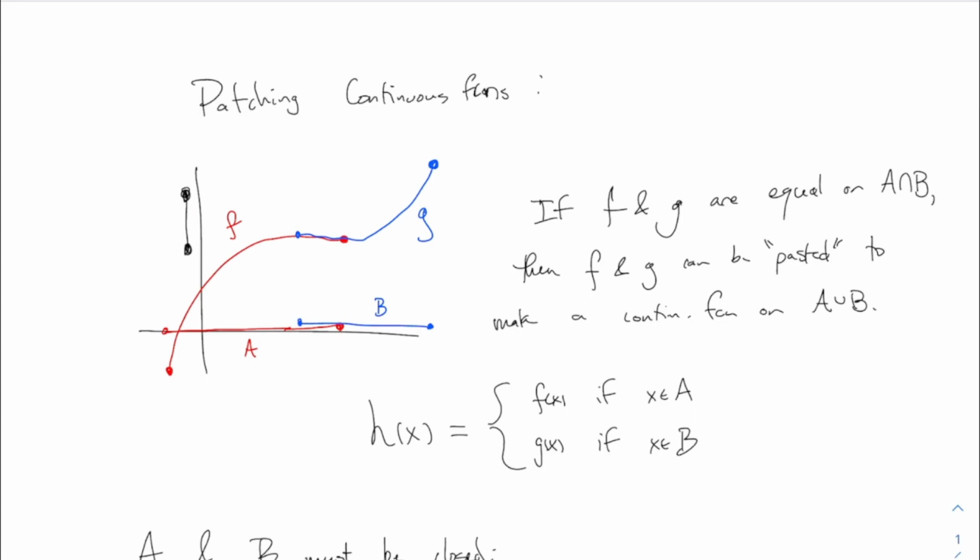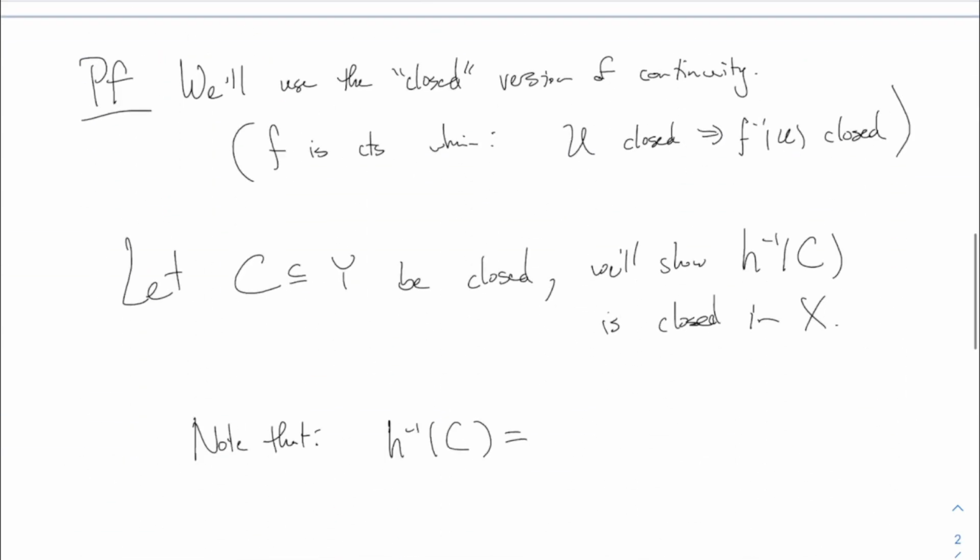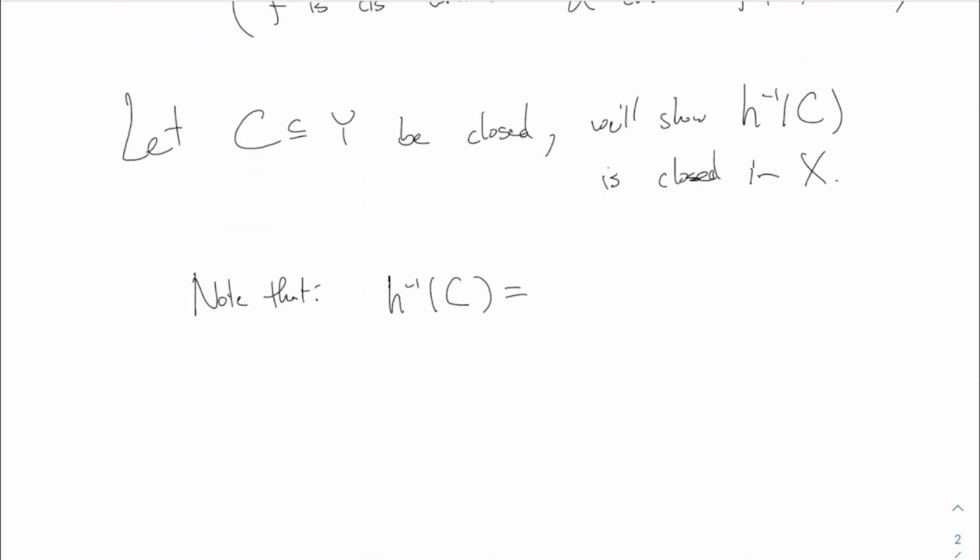Some of them end up in this set because of G, and some of them end up in this set because of F. So when you pull it back, it ends up being a union of the ones that you pulled back through F and the ones that you pulled back through G. Now there are some that are in both, but it doesn't matter. When you're writing it as a union, some can be in both. So the first step is that this is actually F inverse of C union G inverse of C.